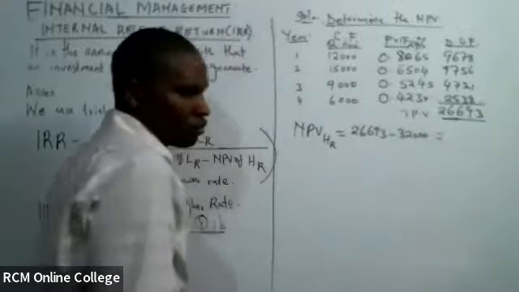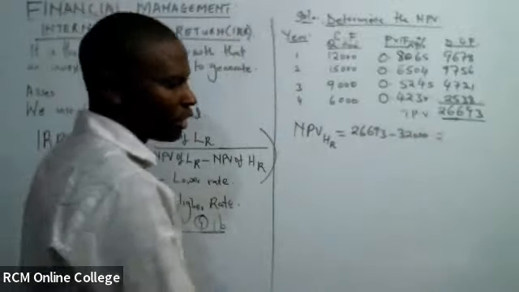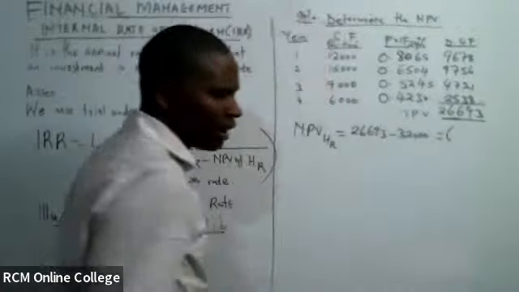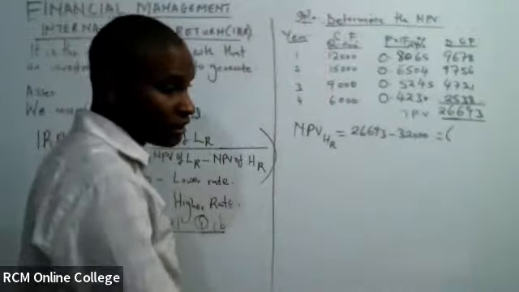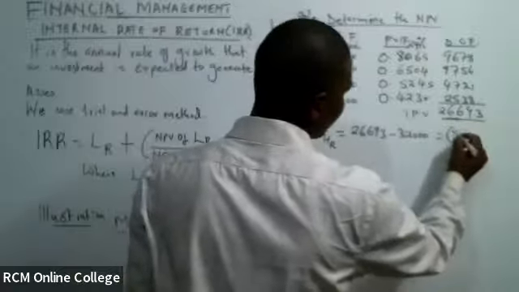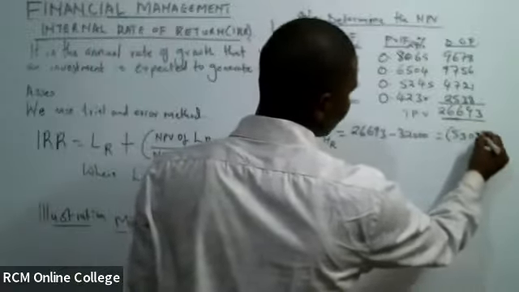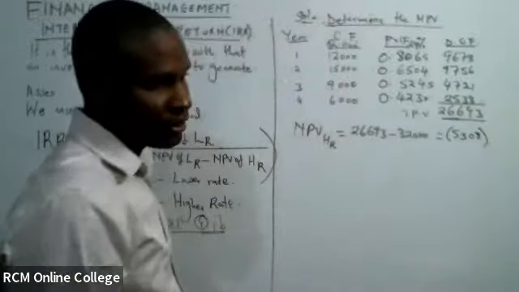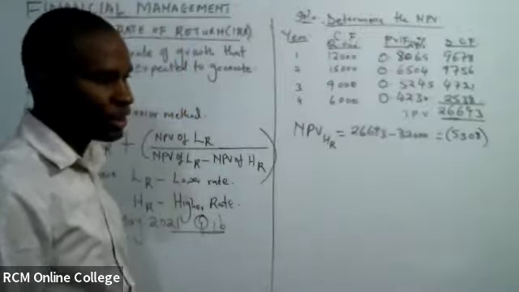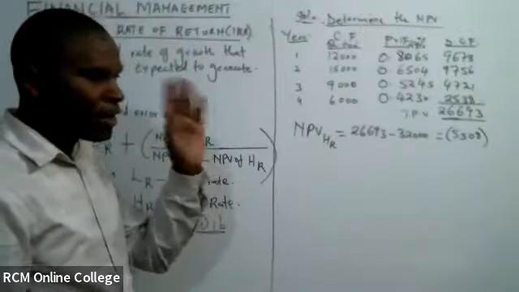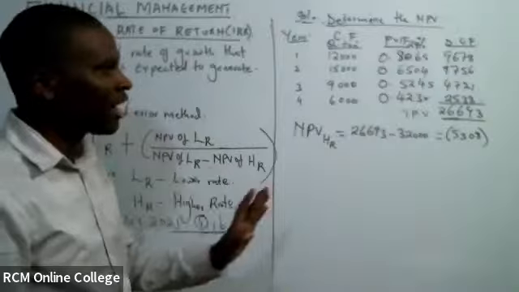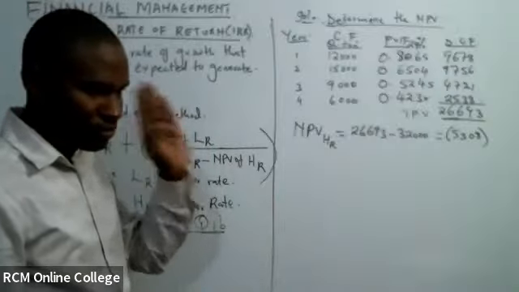Remember we eliminated 30. Tunapata ngapi? What will be the NPV in that? Yes, remember I'm looking for a 0 or a negative. It's a negative, 5308. I have achieved what I wanted. I wanted the higher rate to give me either a negative NPV ama 0.